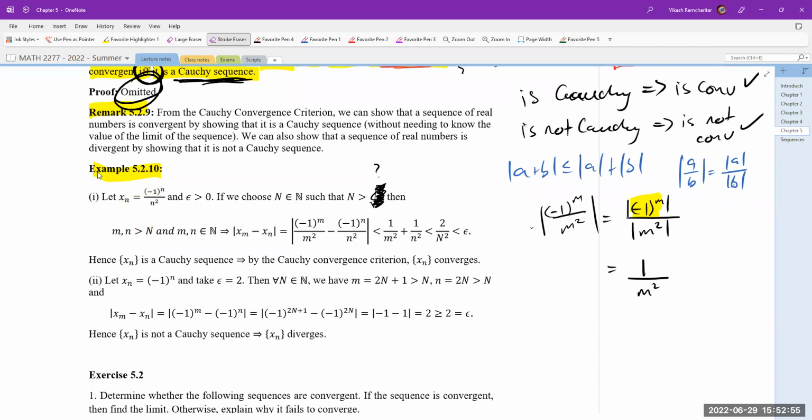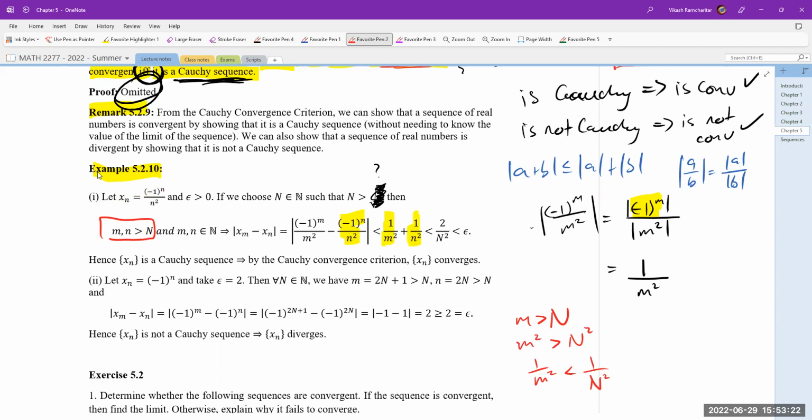And in a similar way, we get 1 over n squared for this guy. But what do we know about m? We know m is larger than N. Therefore, if I square both sides, I get m squared is larger than N squared, so 1 over m squared is less than 1 over N squared.